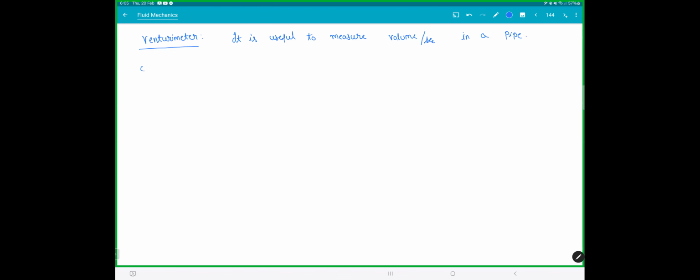So case one, it's an open type. So let's say we have a part of a pipe where the area changes, it becomes smaller, and then becomes normal again.